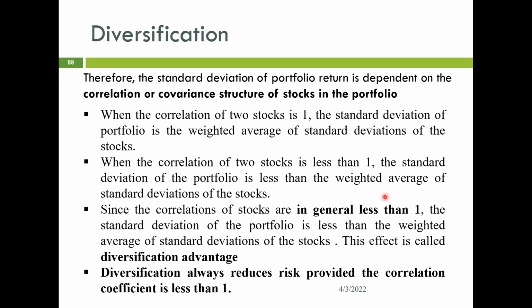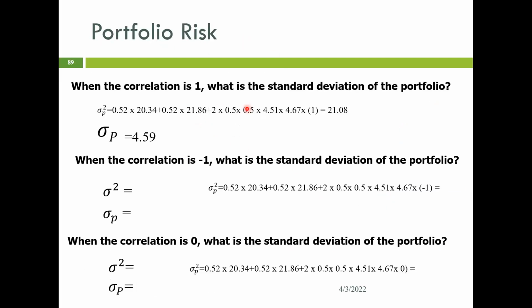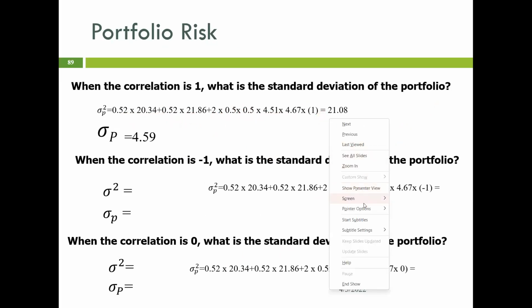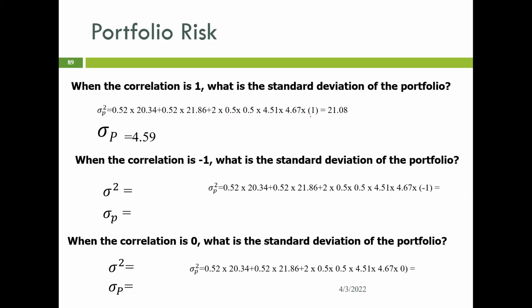Now I will explain with the calculation. We'll take the same example, right? I have put the numbers with the same example. Now instead of our real correlation, I have replaced it with +1, perfectly positive correlation.